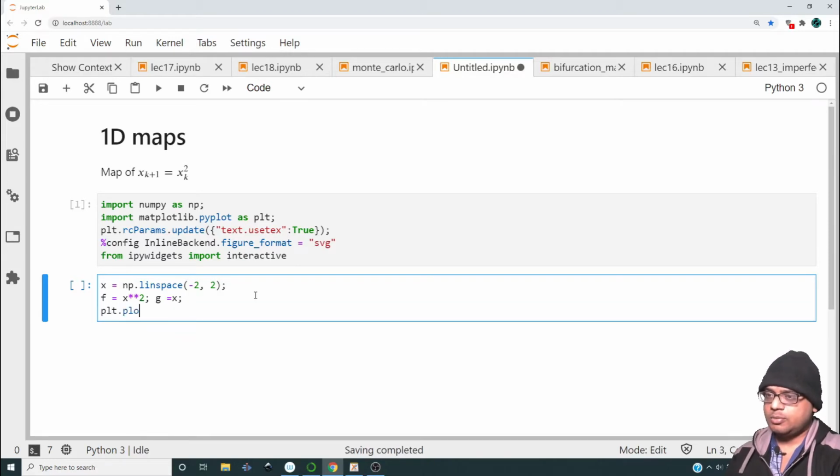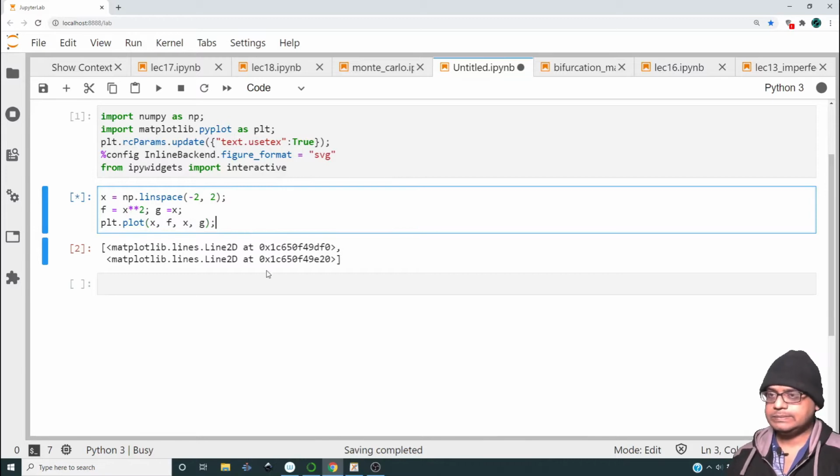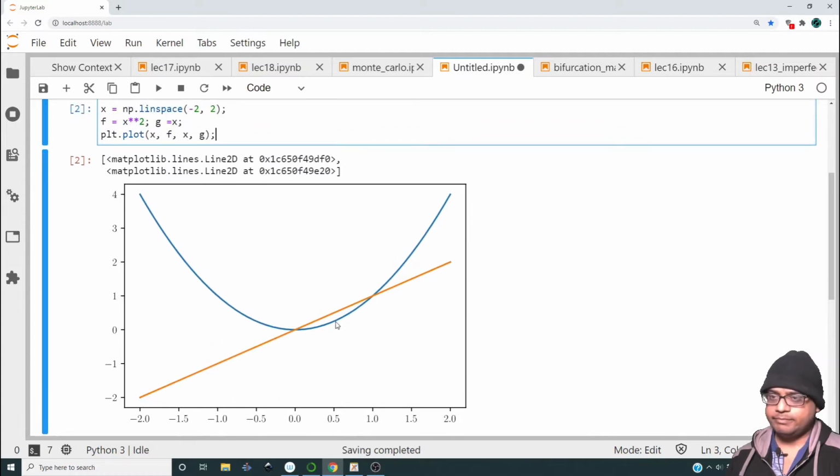Then we'll do plt dot plot x comma f, x comma g. All right, so this is the fixed point. Okay, obviously x equal to 1 is the fixed point.